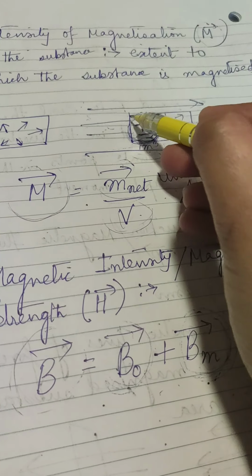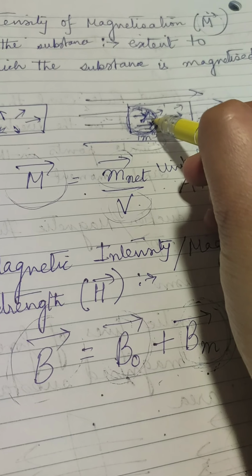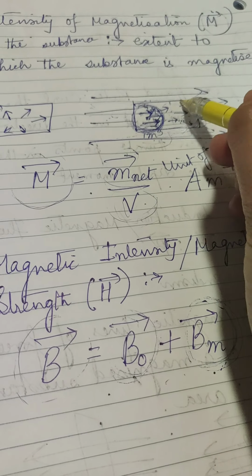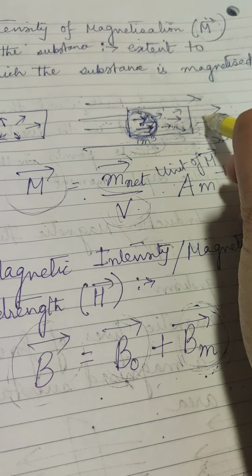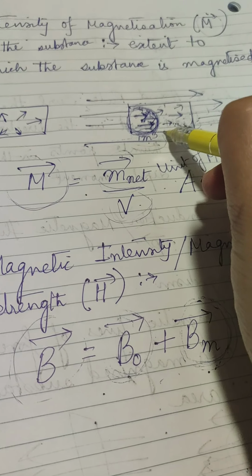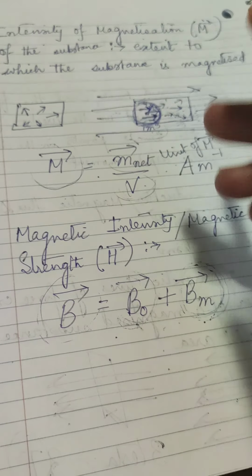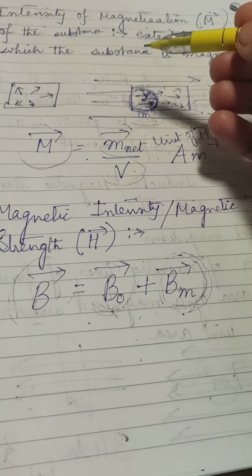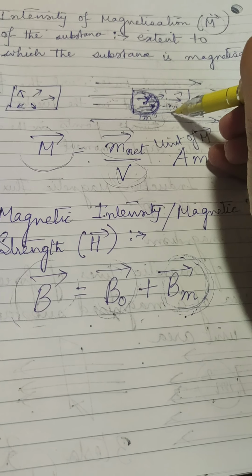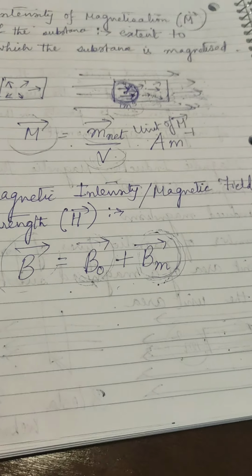When this iron bar got magnetized, it will have its own magnetic field, and the magnetic lines of force will pass through the bar, in the same direction as that of the external field. Depending on how many magnetic lines of force are passing, the magnetic flux density will increase.